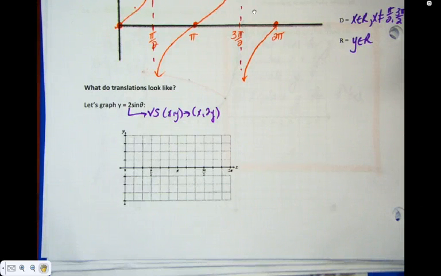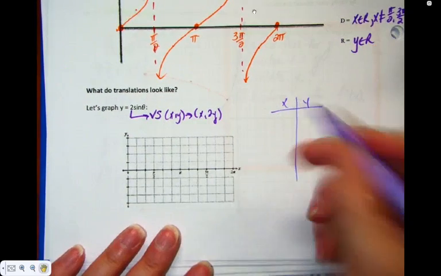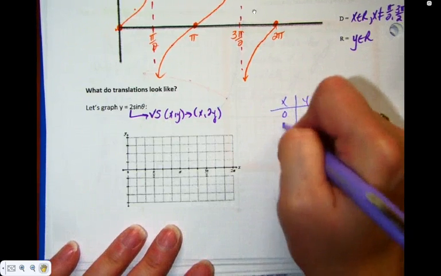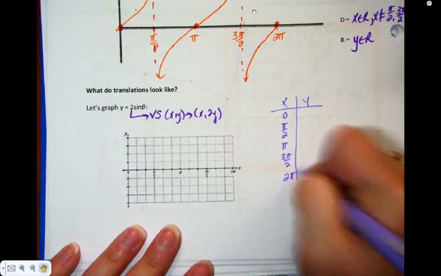Start with the base graph, just like we started with the base graph for parabolas, cubics, square roots, all those other graphs. The base graph now is sine. So if you're a coordinate person, we can still do the coordinate table just like before. The values for x are 0, pi on 2, pi, 3 pi on 2, and 2 pi.